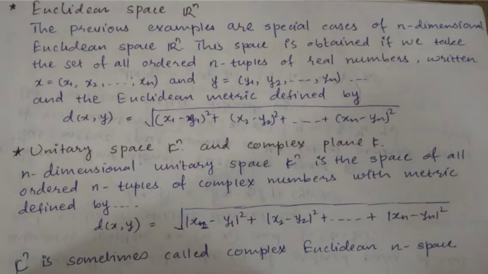And Cn is sometimes called complex Euclidean n-space.